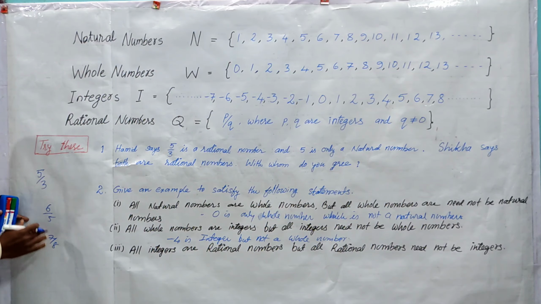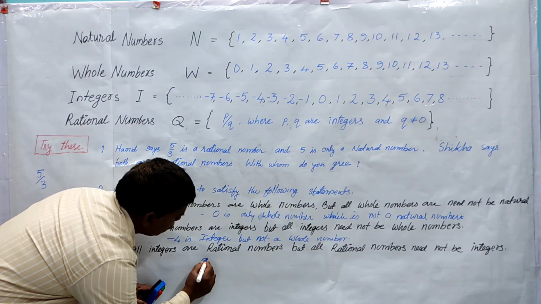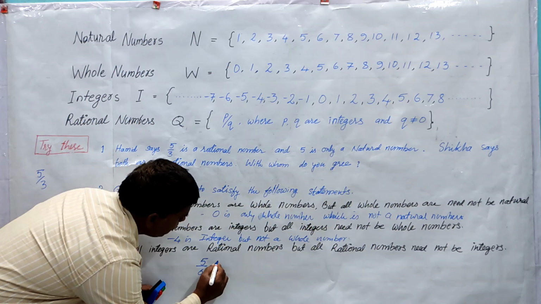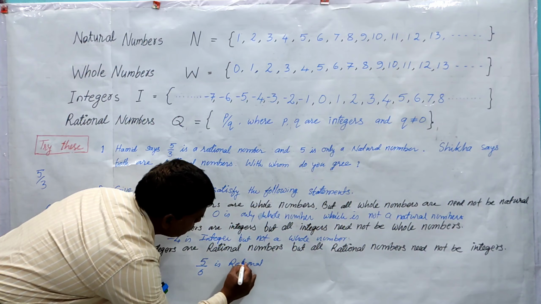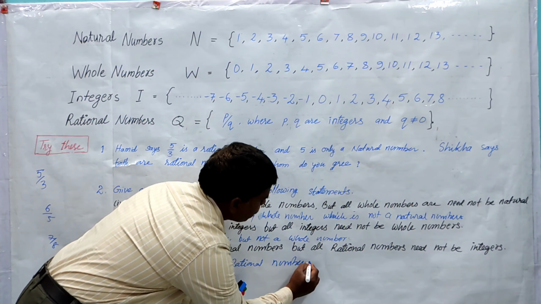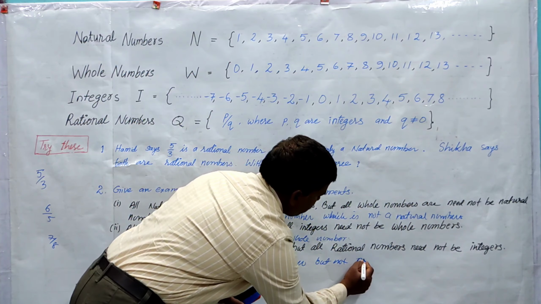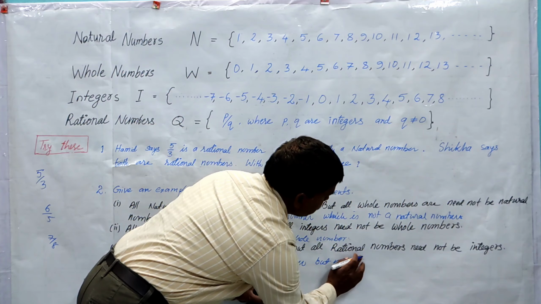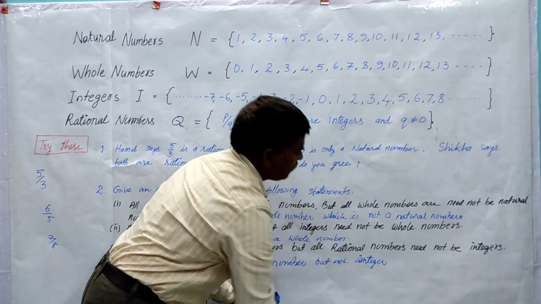So like that, all these are rational numbers but not integers. Therefore we can give an example. So 5 by 6 is a rational number but not an integer. Okay.